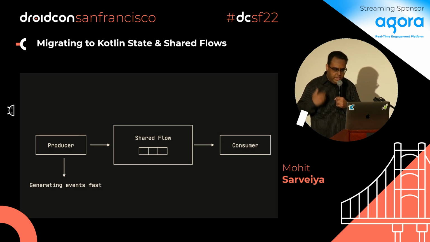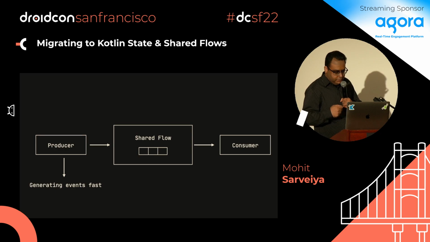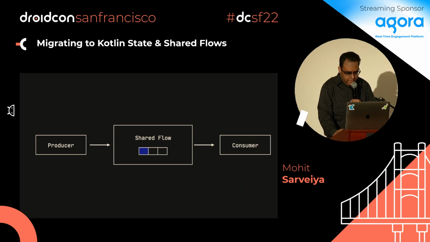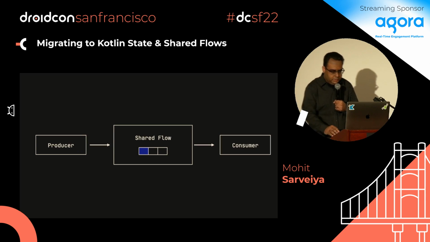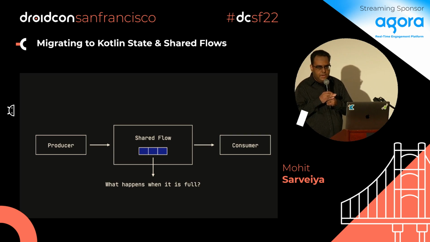They may have a delay in their coroutine. They're not able to process each event. So in that case, all the events that are generated will be cached in this buffer. So suppose it's slow to listen to the events. In this example, I have a cache size of 3. So it's going to fill up 1, 2, and 3. But then what happens when this cache gets filled up?